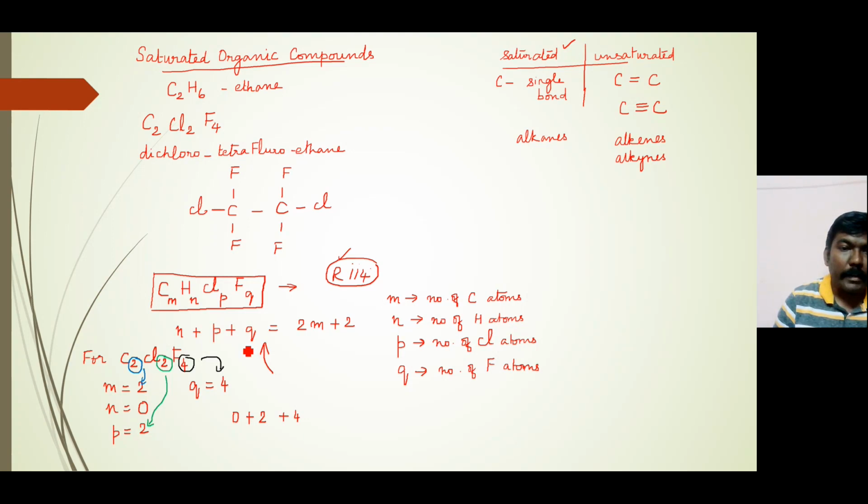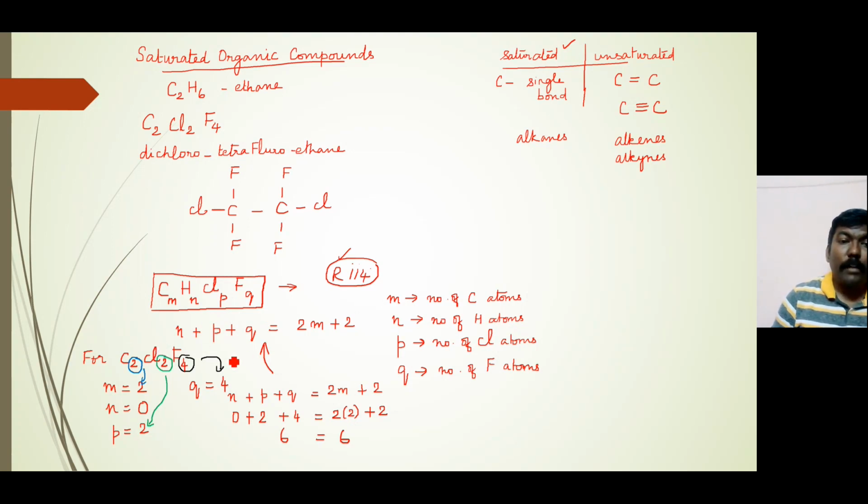So that is your left hand side, N plus P plus Q: 0 plus 2 plus 4, and that should satisfy 2m plus 2. The number of carbon atoms is 2, so 2 into 2 plus 2. So 2 plus 4 is 6 on the left hand side, and 4 plus 2 is 6 on the right hand side. So this is exactly a saturated organic compound. It satisfies the equation.